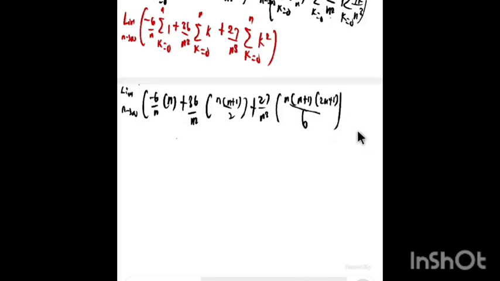Then you close the bracket. That's pretty cool.